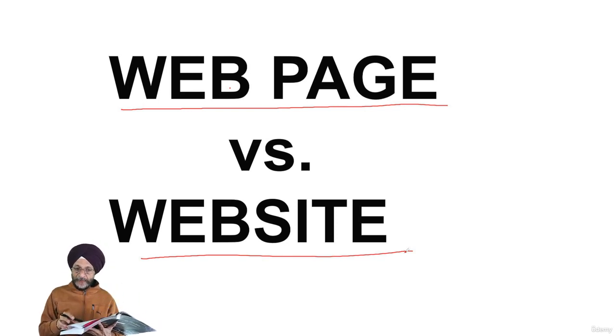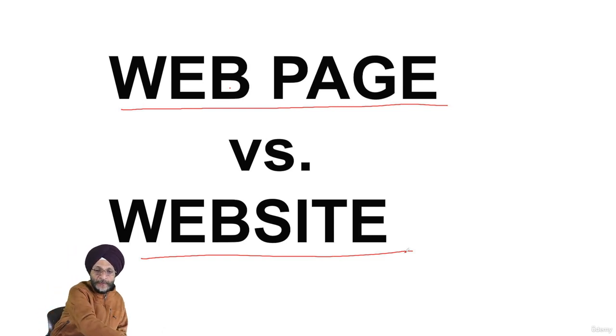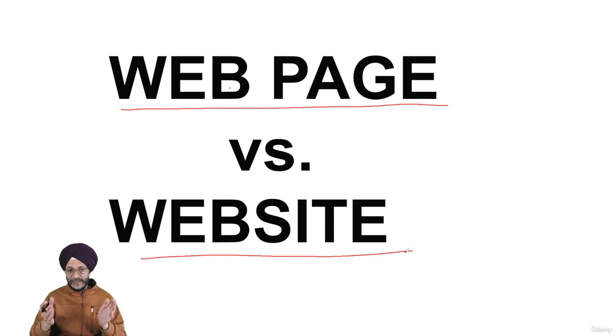In the same way, the website consists of web pages. It means that whatever we open on the computer, the page which is displayed before us is a web page, and a collection of web pages constitutes the website. We will discuss the difference between web page and website in detail.